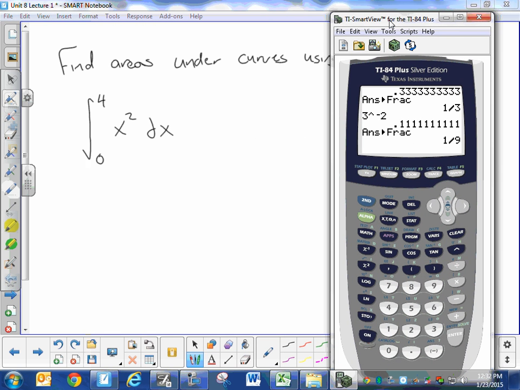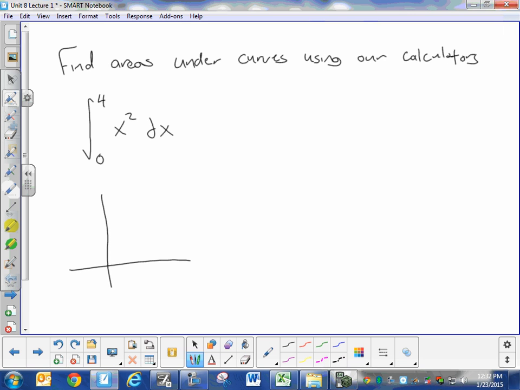So what your calculator can do with this x squared is say, all right, I can find the function values of x squared, and I can just denote a delta x that's really, really small, and I can actually make a lot of rectangles, so many rectangles that my area is pretty much essentially going to be the exact thing. That's what your calculator does. That's what we could have done, just we don't have time to do that by hand. Okay?